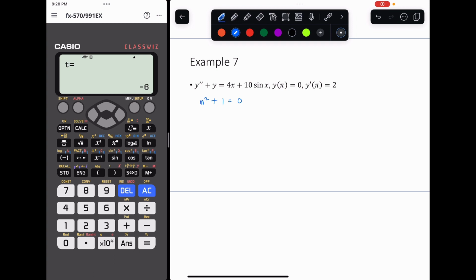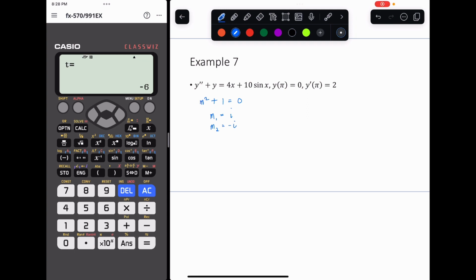So from here, if I'm going to transpose this one to the left hand side, that would be negative 1. So therefore, m will be the square root of negative 1, that would be positive and negative i.